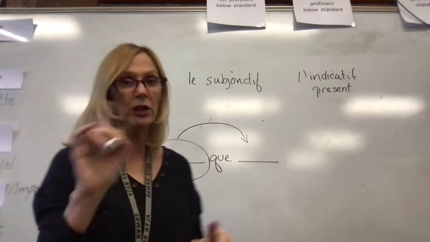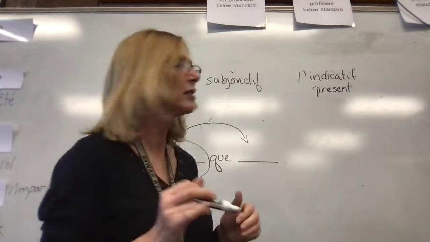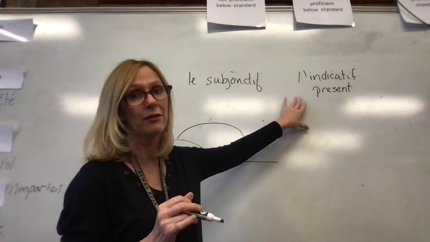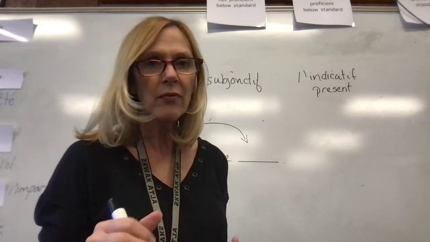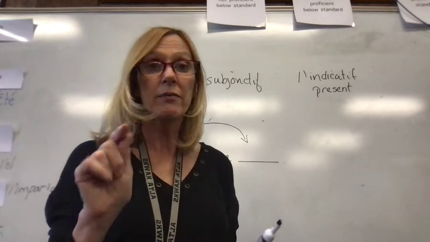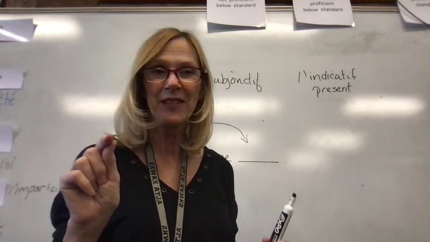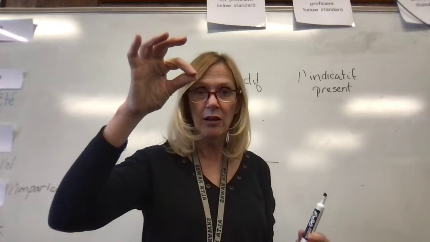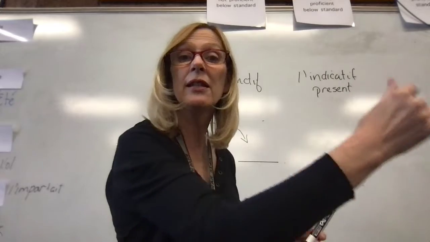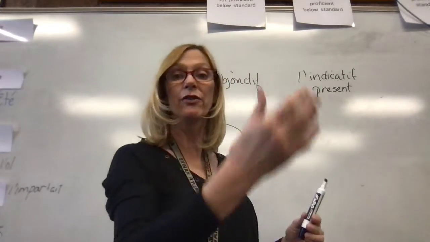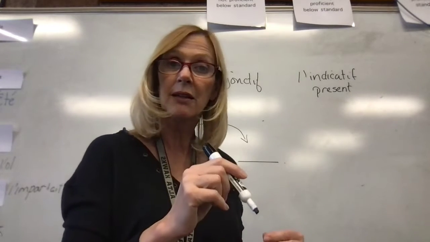Now, the subjunctive is nearly dead in English, but it does still exist in some small situations, but it's very alive in French. So, in English, let me give you an example. If I were to say, I demand that he be in class on time every day, that I demand puts a mood on the he is in class sentence, and therefore I shifted to the English subjunctive, which is he be.